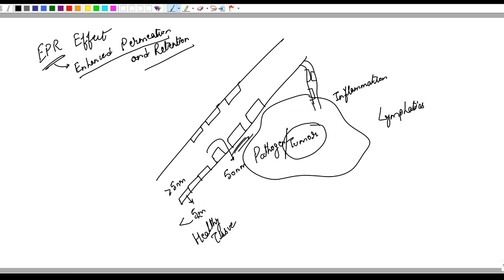Now, since my lymphatics hasn't changed a whole lot because it got inflamed or there was a tumor that grew rapidly and recruited new blood vessels, they didn't really focus that much on the lymphatic system. So the capacity to clear the fluid is limited. And because of that, there's a higher fluid pressure in this tissue than in any other tissue.